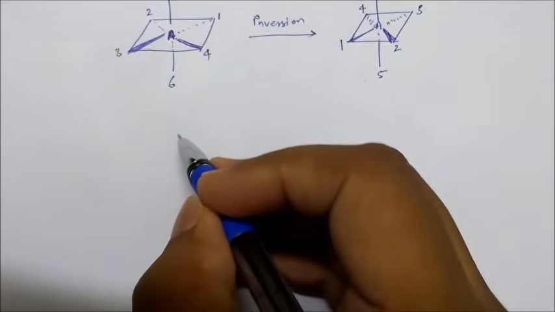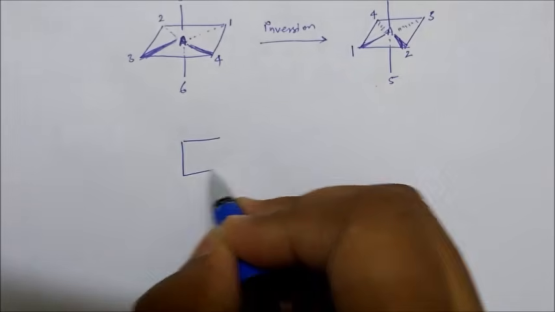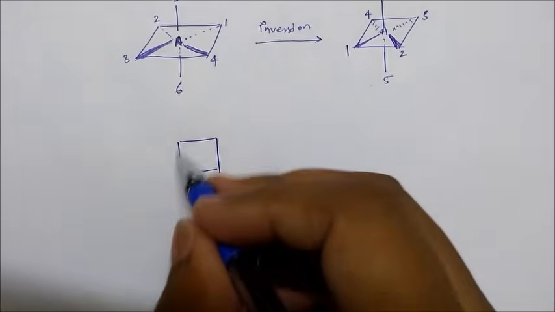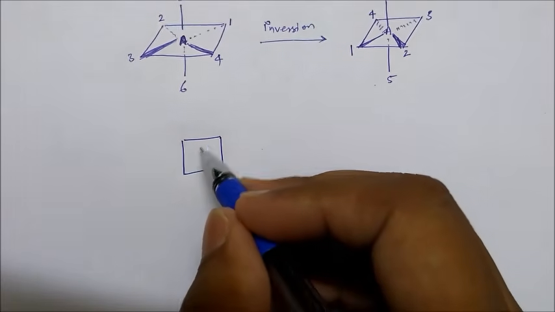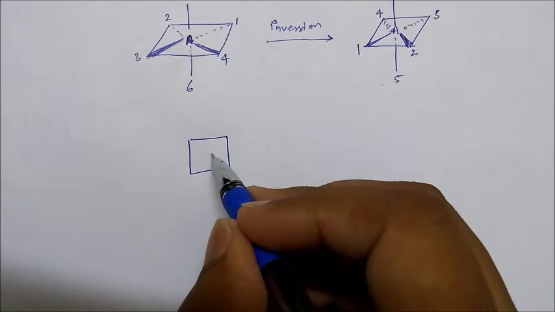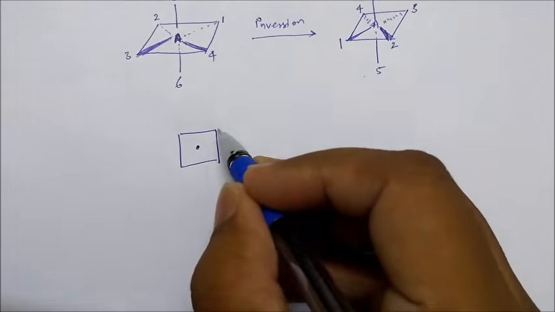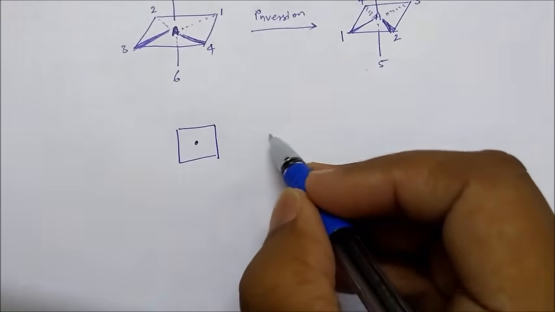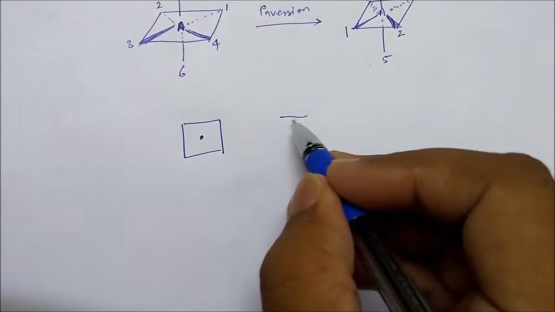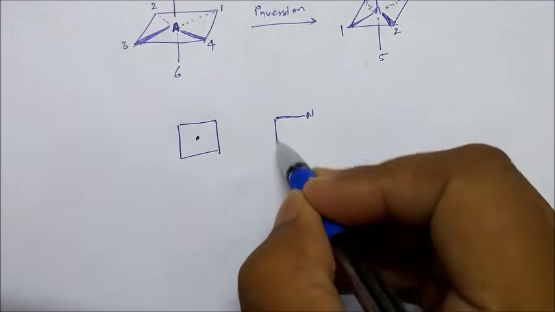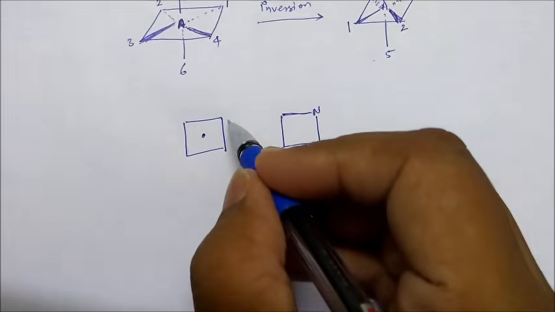Like, if I have a molecule, say this is a molecule, and it is cyclobutane type, and if I ask, is there any center of symmetry, then you will say yes, there is a center of symmetry here. This is the center where everything is symmetrical. But if I give you another molecule like this, but just change it a little bit, now here is no carbon, here all are carbons.